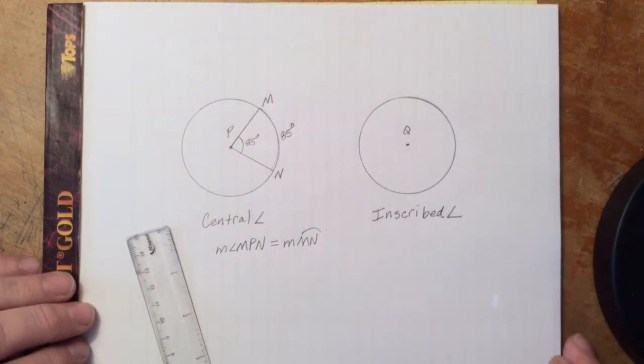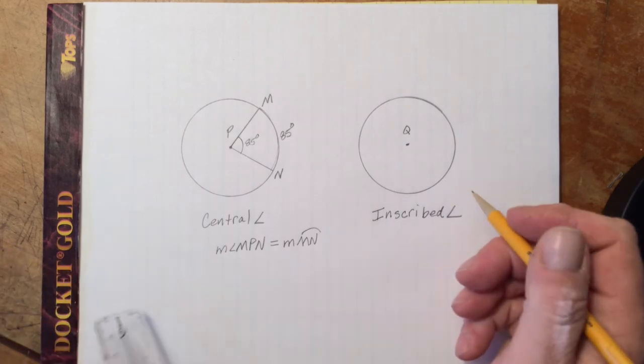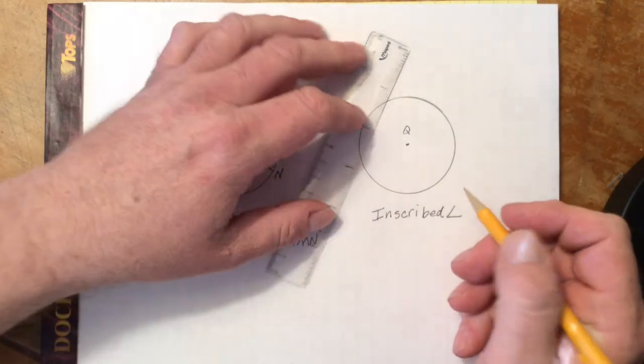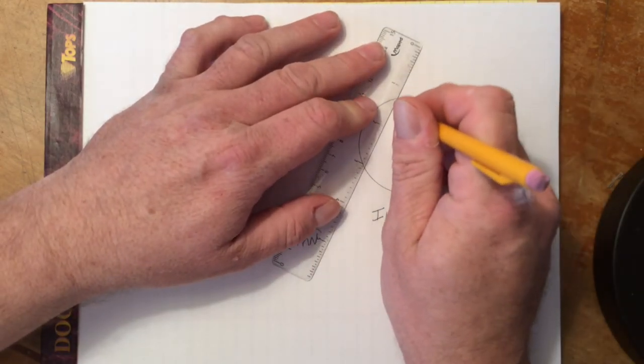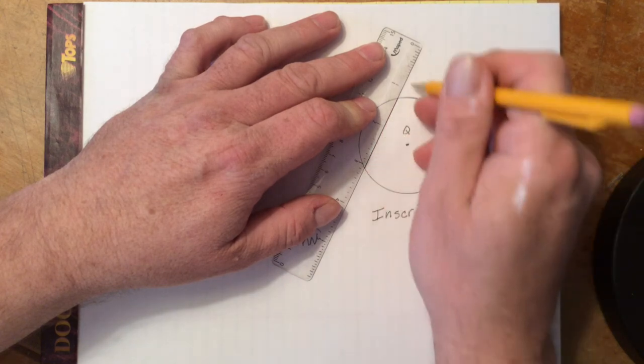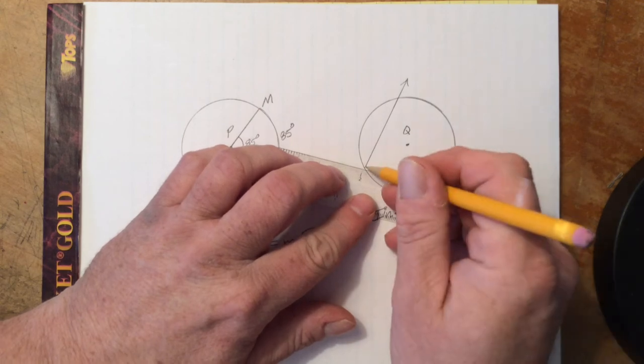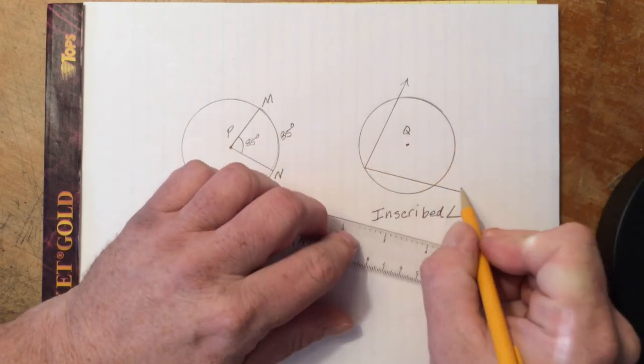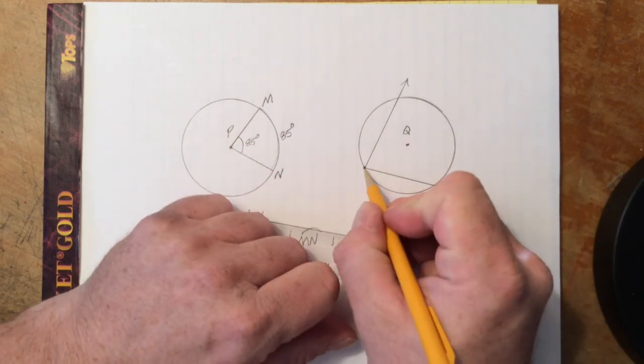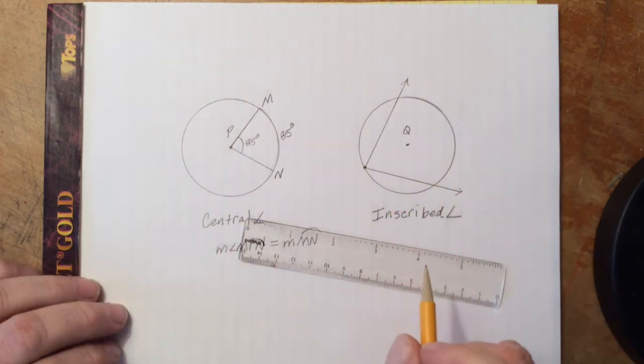In lesson 12.3, you learned that with inscribed angles, their vertices lie on the circle. For instance, this angle here is an inscribed angle because the vertex is on the circle.